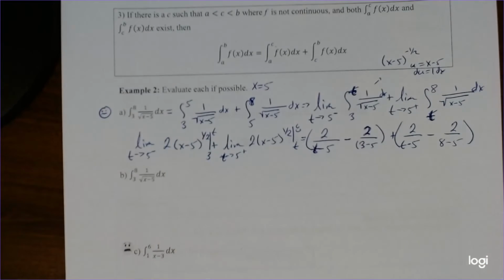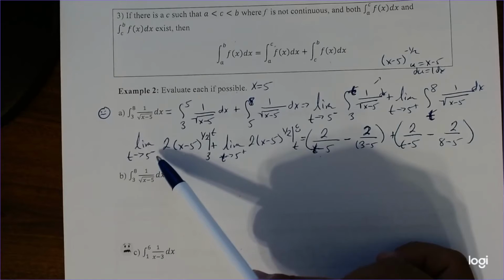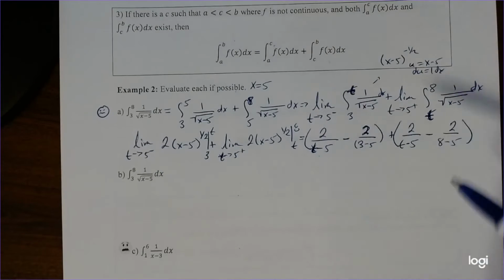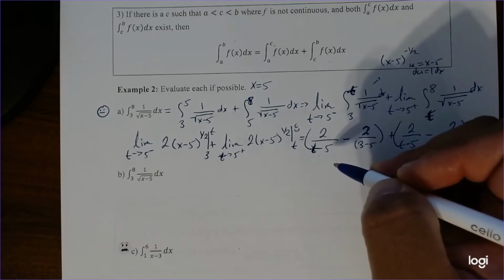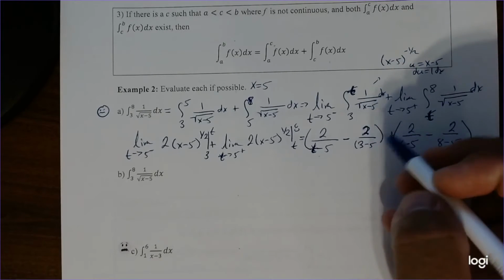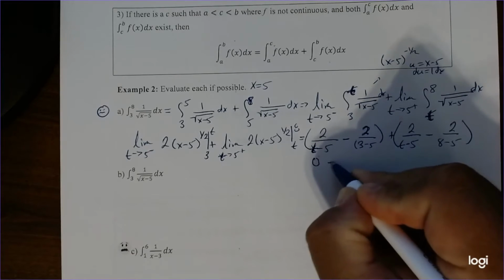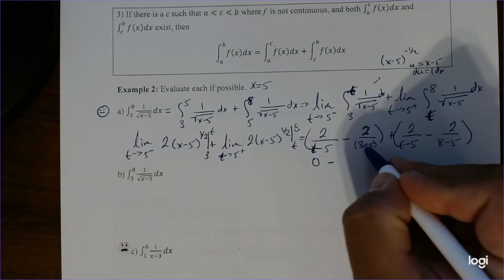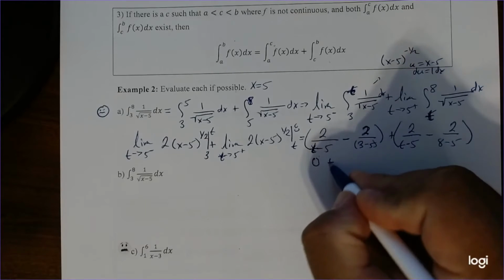You just take the limit as t goes to each one individually. So for this one, as t goes to 5 to the left-hand side, and this one going 5 to the right-hand side, notice both of those go to 0. So we just plug it in. So this goes to 0 essentially, minus, this is going to be 3 minus 2 is negative 2, and I mean positive 1.